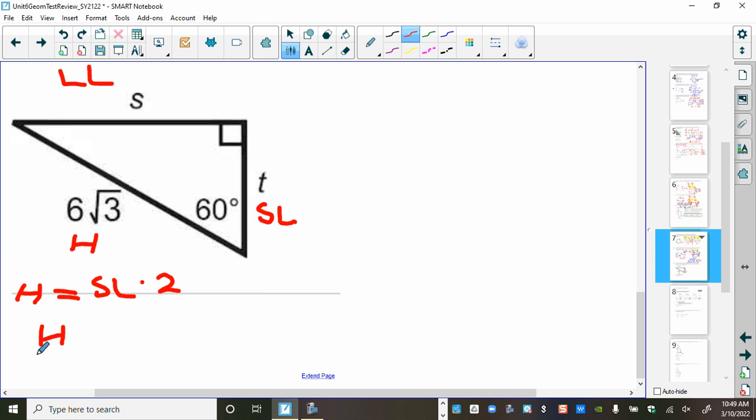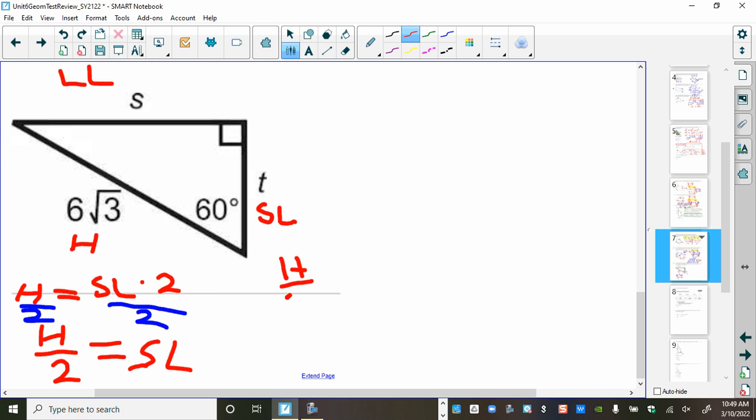You got to divide by 2. You divide both sides by 2. Hypotenuse divided by 2 equals the short leg. That might be a nice little tidbit to know. So we agree? Hypotenuse over 2, short leg.